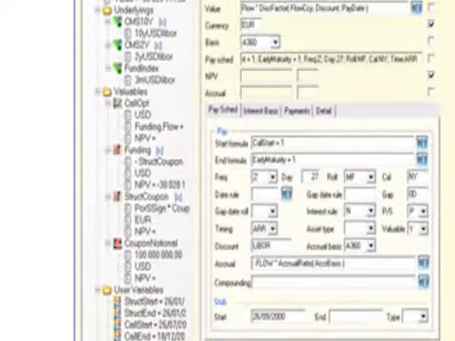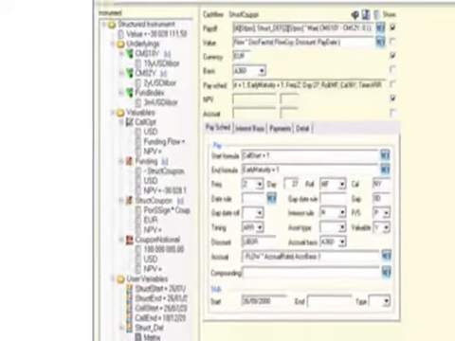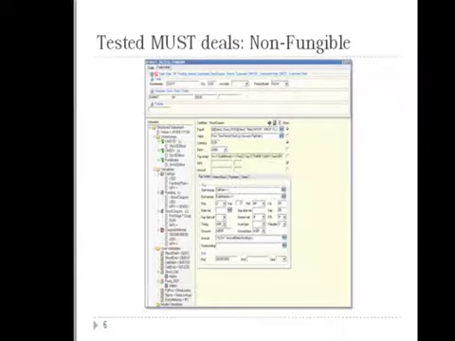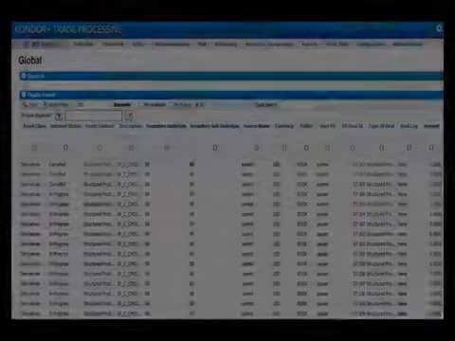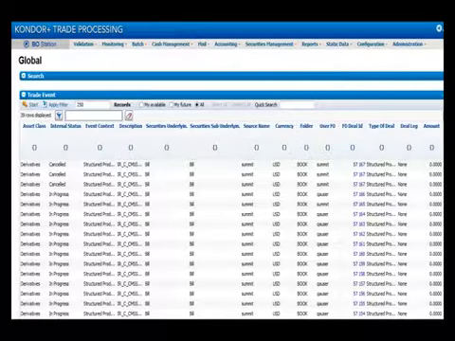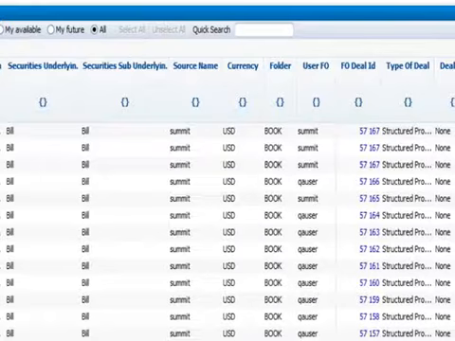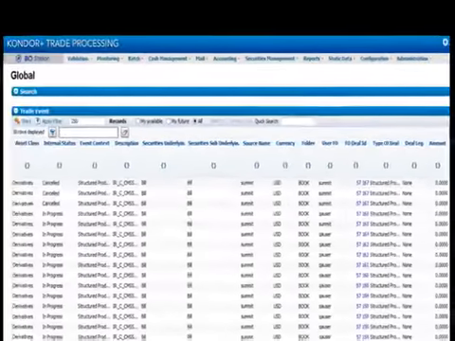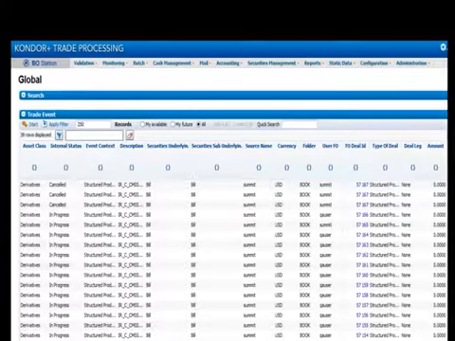So this means that if a floating rate is used in a MUST deal, this floating rate should have the same values in Condor Plus and in Summit. So for the purpose of this presentation, we will explain the procedure for MUST integration with K+TP and let you make the correct assumptions. And since we have a lot to cover, let's get started.